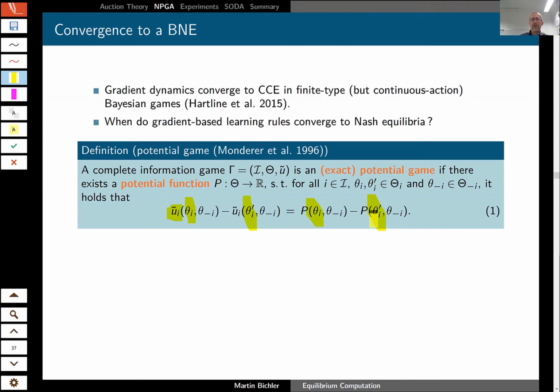So in a purely symmetric game, it's almost trivial because you only have one function, one utility function, which is at the same time your potential function, right?